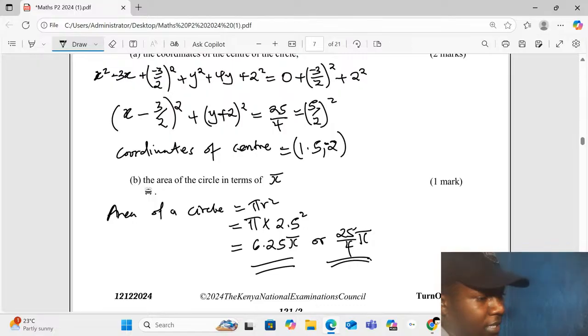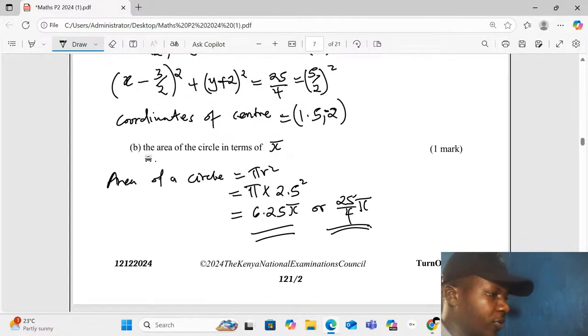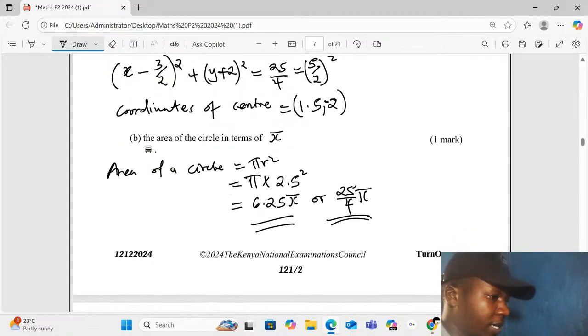It's the same answer either way. That's simple. So that is how you find in terms of pi, 1 mark.